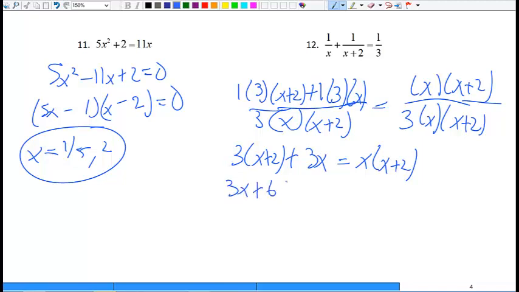So 3x plus 6 plus 3x equals x squared plus 2x. And now it's starting to look like one of our quadratic things. So if I bring everything over to the right side, I have an x squared. I'm bringing 3 and 3, so 6x over with the 2, so that would be minus 4x, and then minus 6.